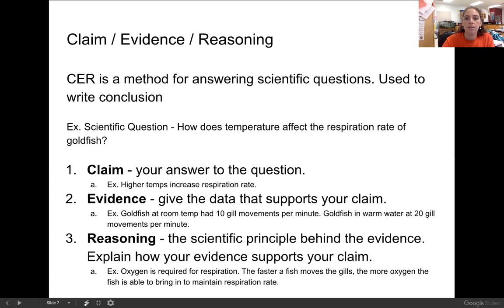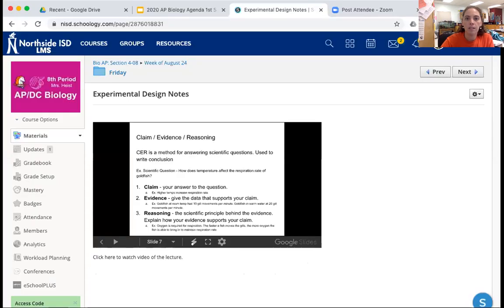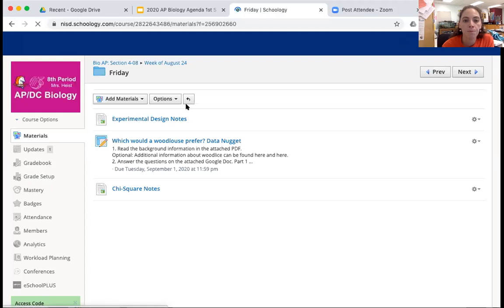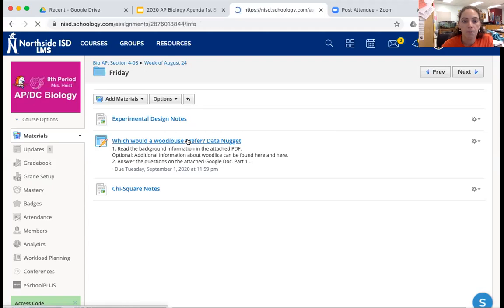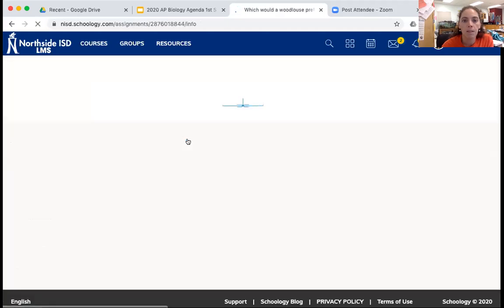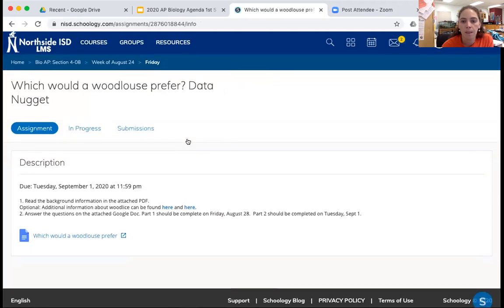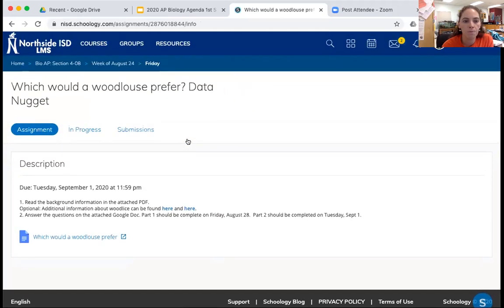Okay, let's look at your assignment for today, now that we're done with our notes. And that is the which would a woodlouse prefer data nugget. There should be a PDF attached. Let me fix that.